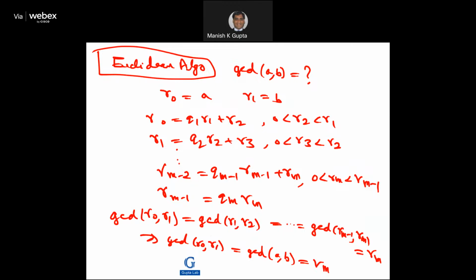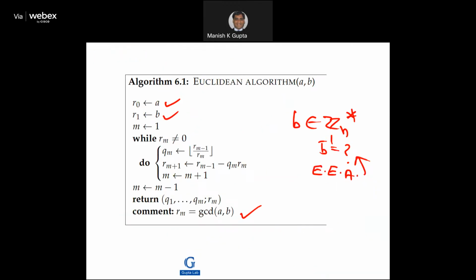And the Qi are quotients. This is a very obvious algorithm. When we compute, we know that GCD of R0, R1 is the same thing as GCD of A comma B, which is the same thing as Rm. So this was the algorithm for finding the GCD, and you will see a little modification to this for computing the inverse, which is known as the extended Euclidean algorithm.